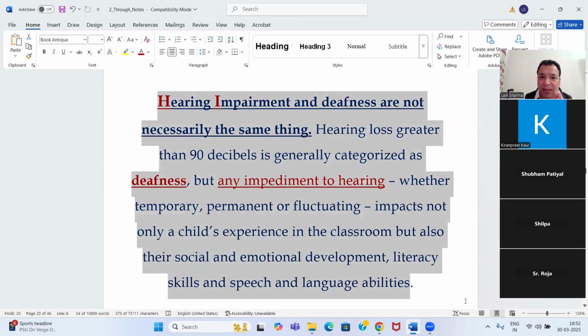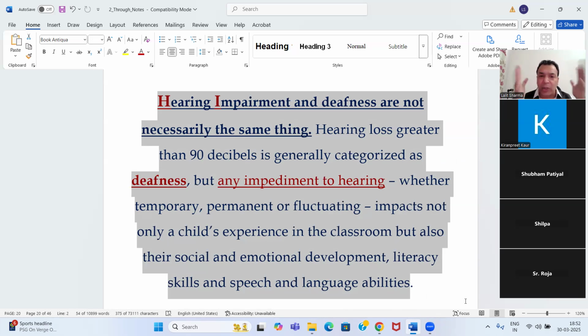Hearing impairment and deafness are not necessarily the same thing. Hearing loss greater than 90 decibels is generally categorized as deafness. But look here, this is the most important for you, because you are teaching students and sometimes you are unaware that a student has a hearing impairment.